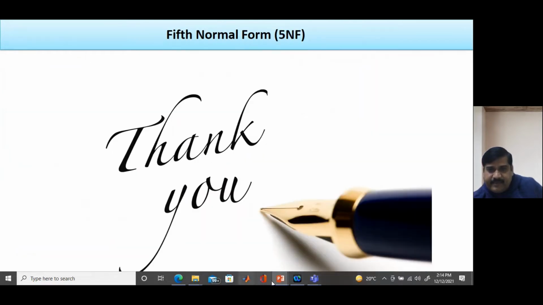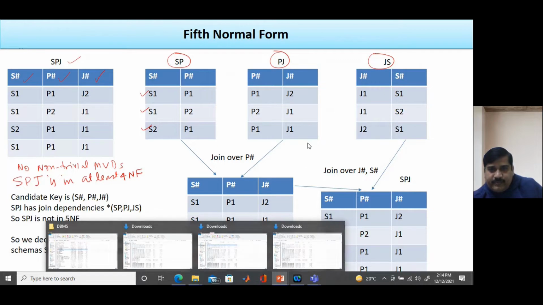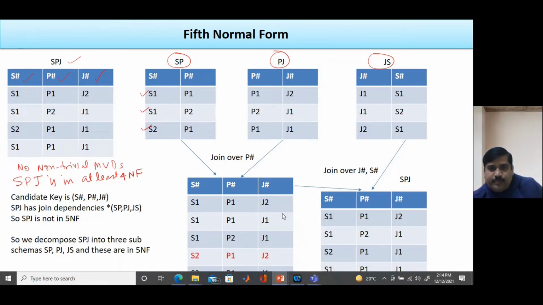See here, we get S1 P1 J2, then S1 P1 J1, S1 P2 J1, and S2 P1 J2, and another tuple S2 P1 J1.